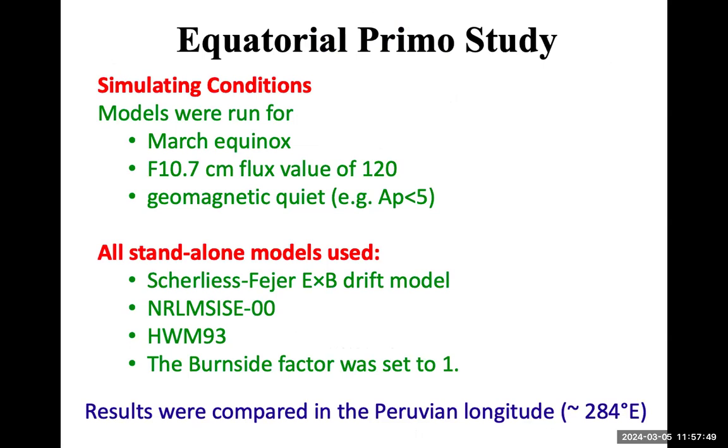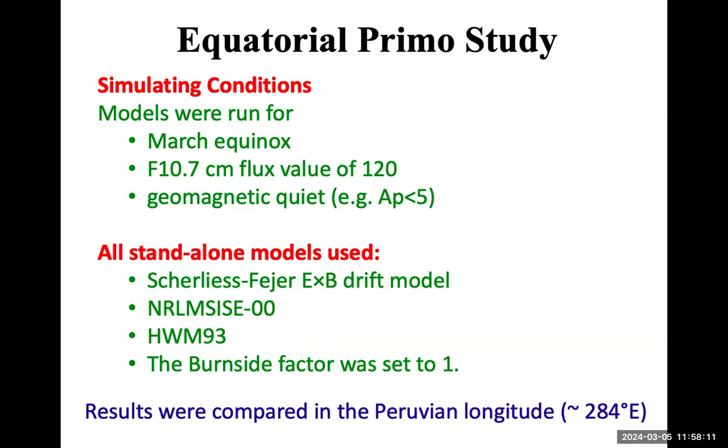The standalone ionosphere models all used the same empirical drivers. They used my electric field model, the NRL certain version, HWM93, and the Bernstein factor, which is a fudge factor for the O+ to O collision frequency, was set to 1 for all these studies.